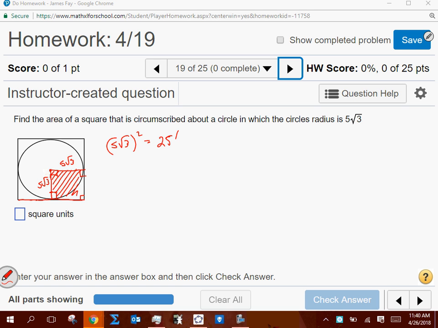It's 25 times 3, which becomes 75, right? Okay. And then she said, well, there should be 1 more, 2 more, 3 more of those, right? So she took this number and multiplied it by 4, and that gives you 300 as well. That make sense?